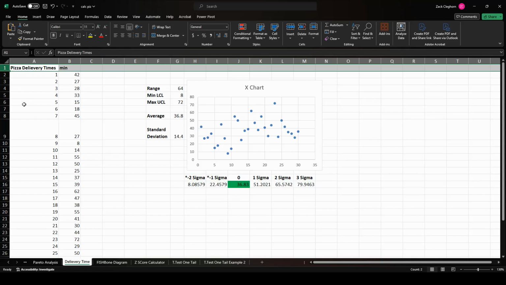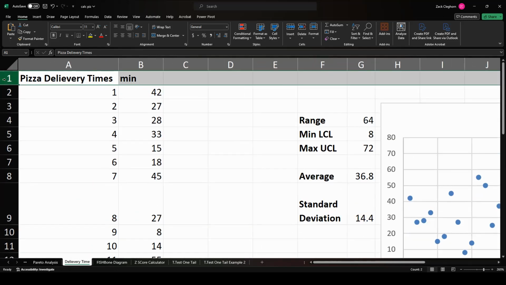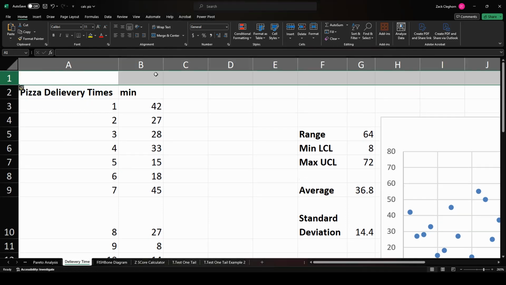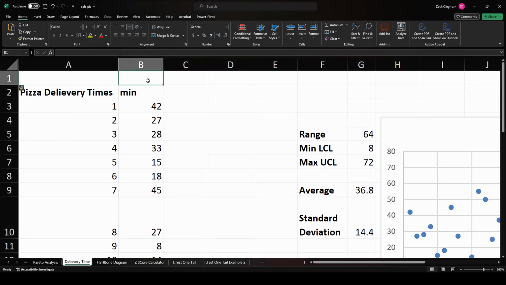Come over here, and I want you to right click on this and say insert. And we'll say a before, and then put an after column right next to it, right? I want to show you more of the practical sense of what a t-test is telling us, and I think this will be a perfect example of how.